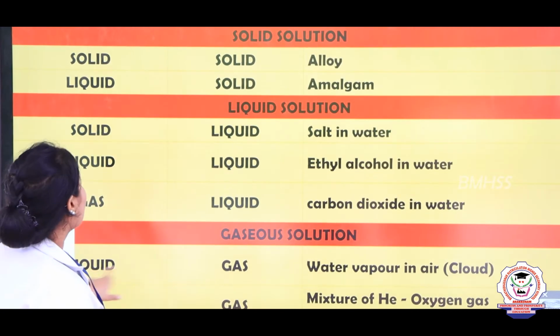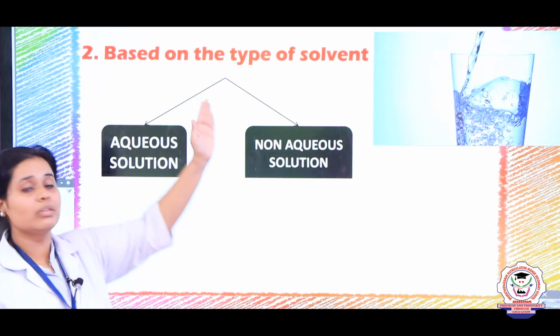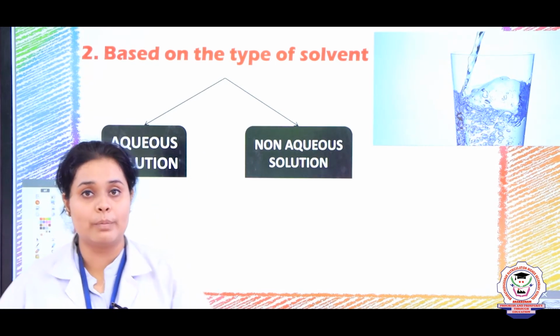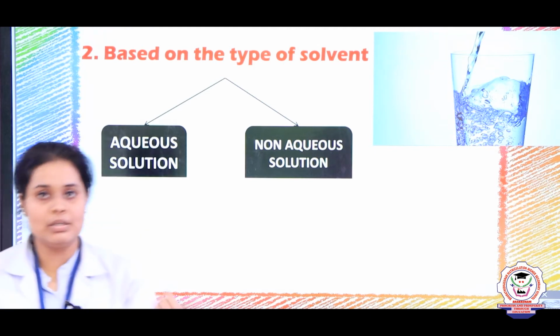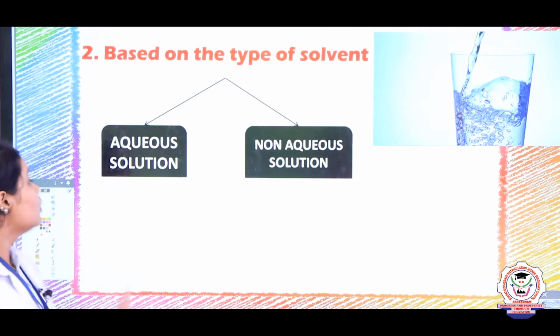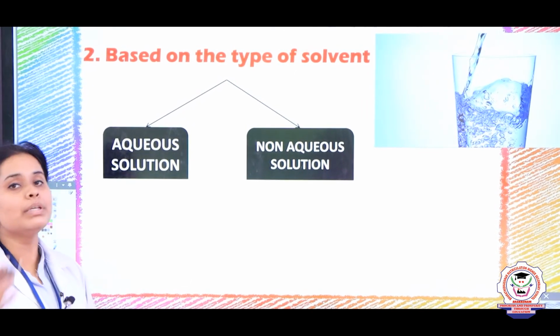Yes. After this, there is another basic topic which is based upon the type of solvent. Now majorly you can take two types of solvent. One is water, another is non-water, or other than water. So if I talk about the first one, it is known as an aqueous solution.